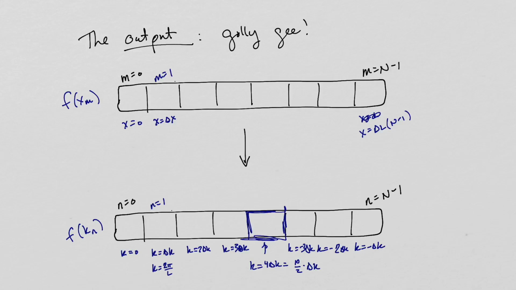It turns out the highest frequency mode, which is at k equals n over 2 times delta k, is also known as the Nyquist frequency, which is something we talked about when we did finite dispersion relations. When you look at that tiny little wavelength, you can't tell if it's moving to the right or to the left. That's special about that particular wavelength.